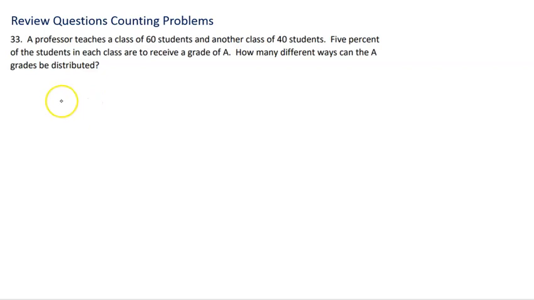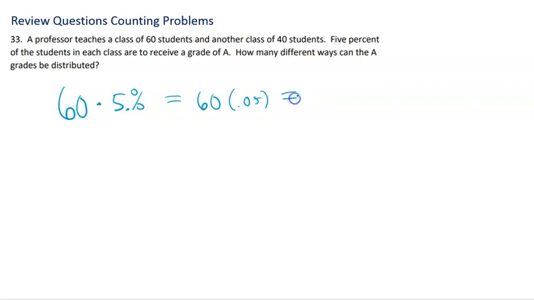So 5%, I'm going to take the 60 in the class and multiply it by 5%. To change 5% to a decimal, we need to do that to multiply. That's 0.05. Remember, to change a percent to a decimal, you move the decimal 2 places to the left. The decimal is right here, if there's no decimal at all.